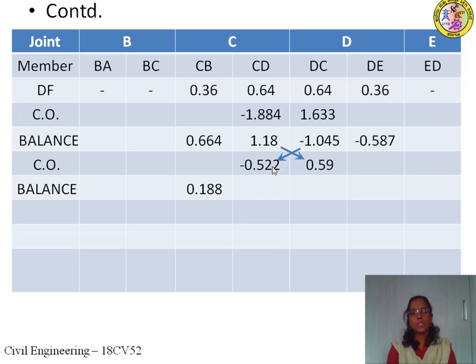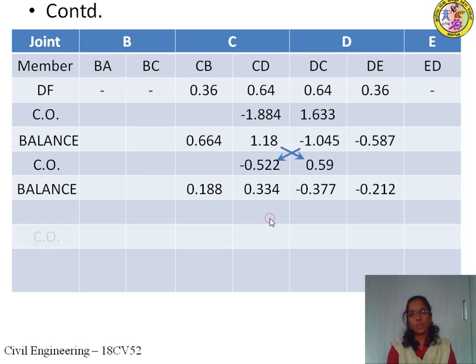So 0.522 into 0.36 will be equal to 0.188, and 0.522 into 0.64 will be equal to 0.334. So imbalancing moment at D is 0.59. Therefore balancing moment will be minus 0.59. So minus 0.59 into 0.64 will be equal to minus 0.377. Minus 0.59 into 0.36 will be equal to minus 0.212.